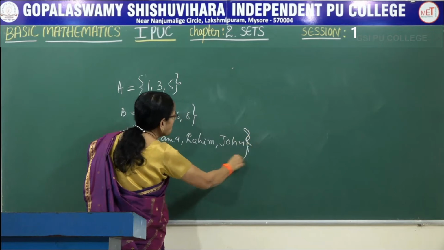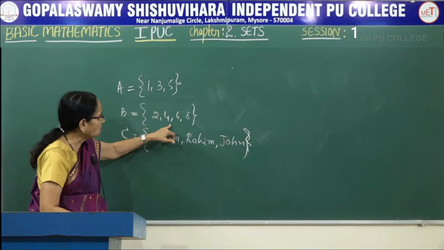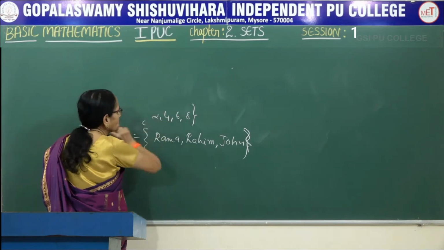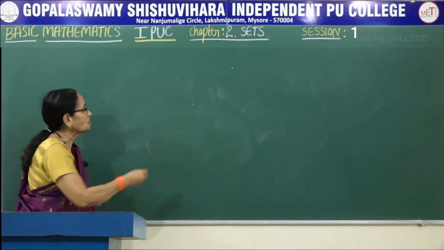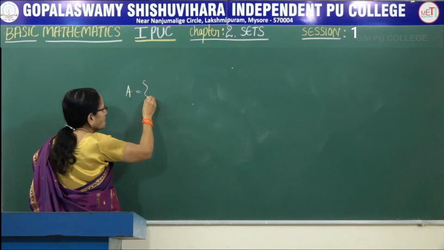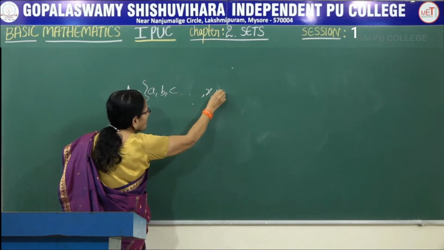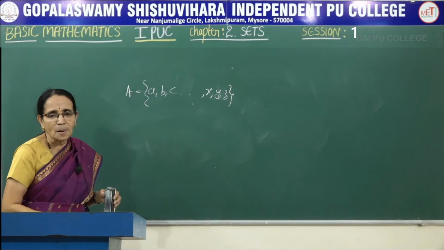So it is containing the names of the students, names of the persons. Like this, we have to use the capital letter to denote a set and small letters to denote the elements, or in general I can write like this, that is a, b, c, etc. You can write x, y, z. Here you have to use only the small letters for the members.